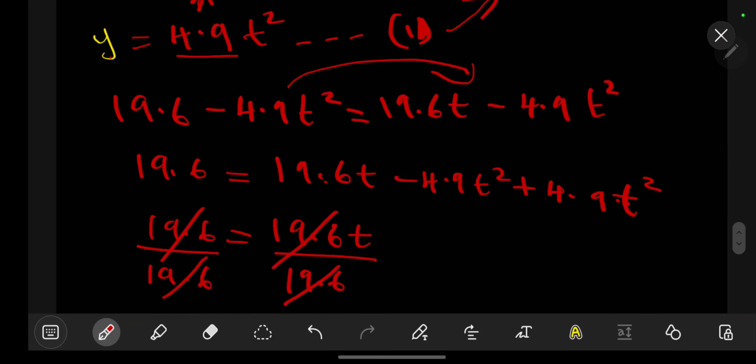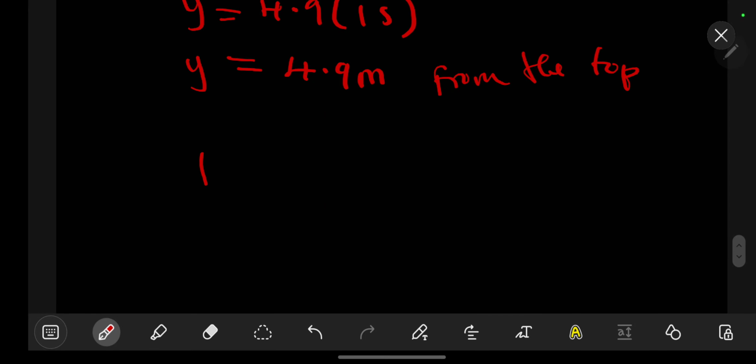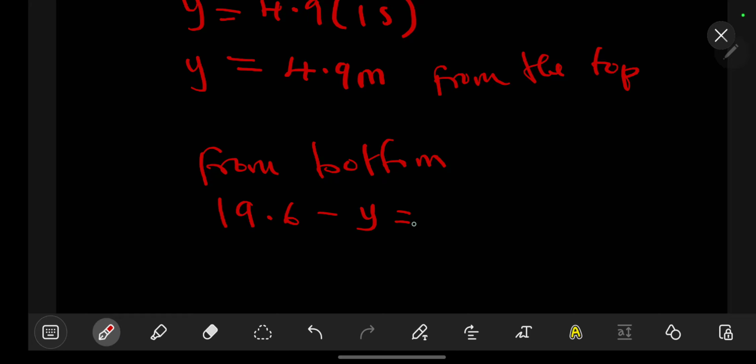If you want it from the bottom, they will collide at the point where the displacement is 19.6 minus y, where y is 4.9 meters.